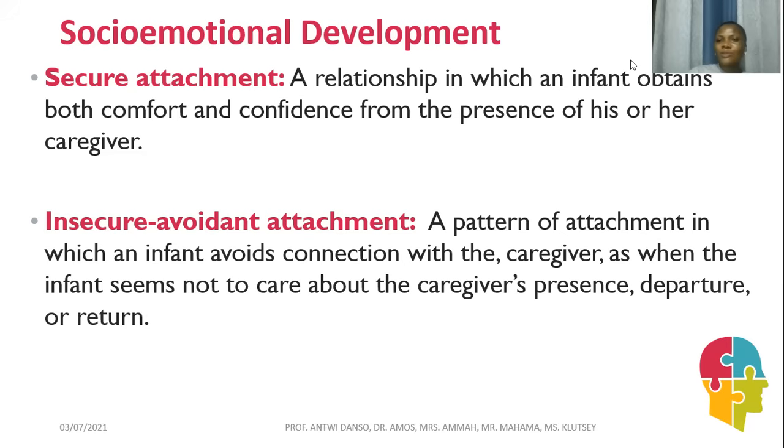The way some children will cry when their parents leave, or they will be screaming, Mama, they want to see their parents. In people with insecure or avoidant attachment, they don't care whether their caregiver is present or absent, has returned. Nothing pushes them because the bond between them and the caregiver is not so tight.